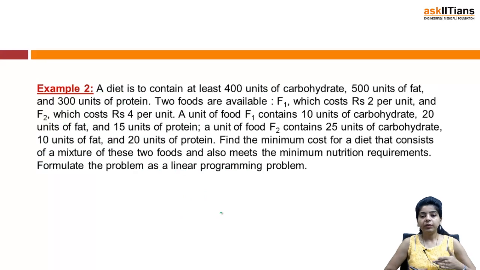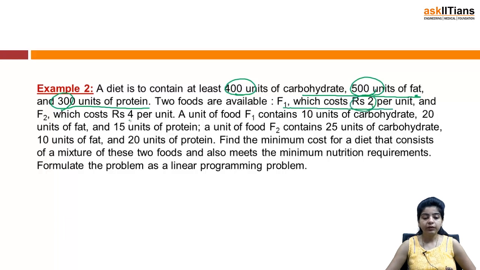Now the next example, again a similar one. A diet is to contain at least 400 units of carbohydrate, 500 units of fat and 300 units of protein. Two foods are available, F1 which costs rupees 2 per unit and F2 which costs rupees 4 per unit.